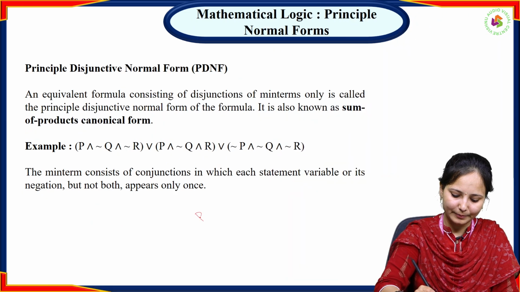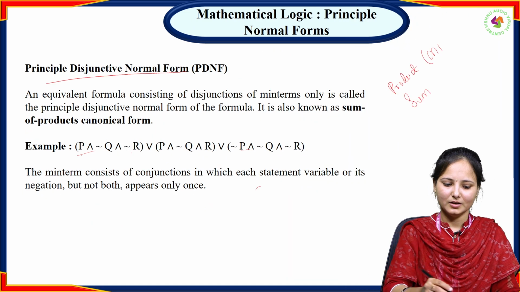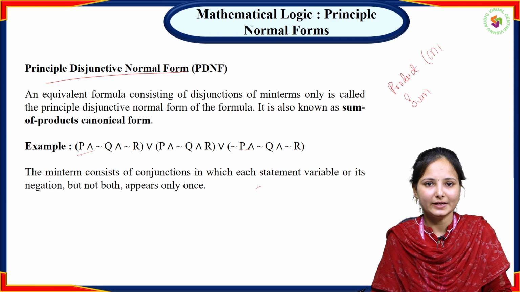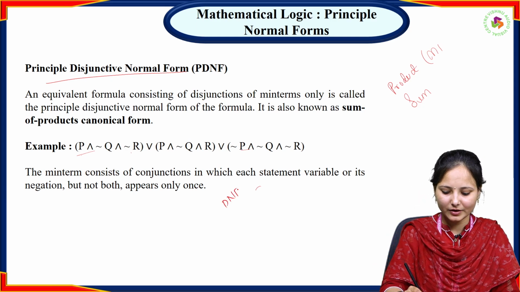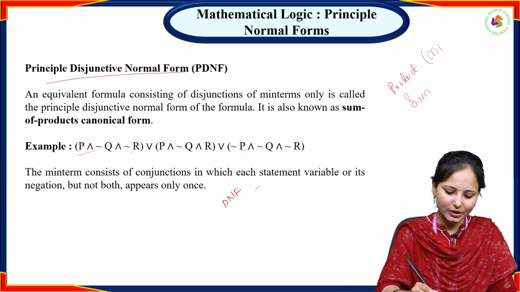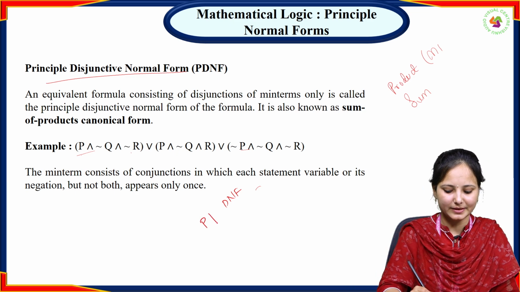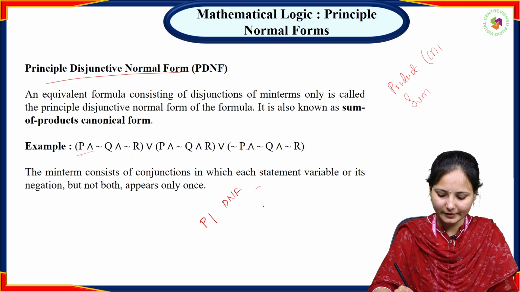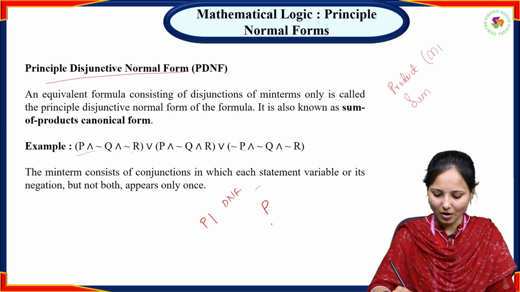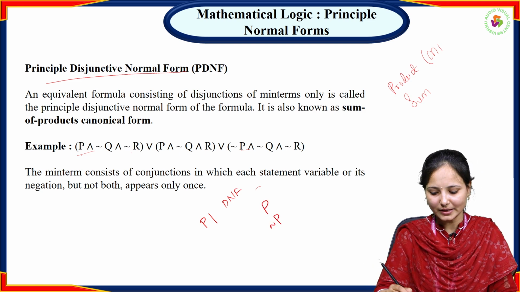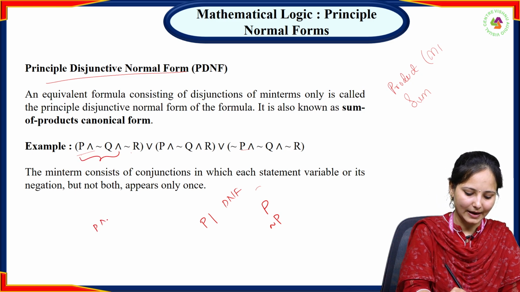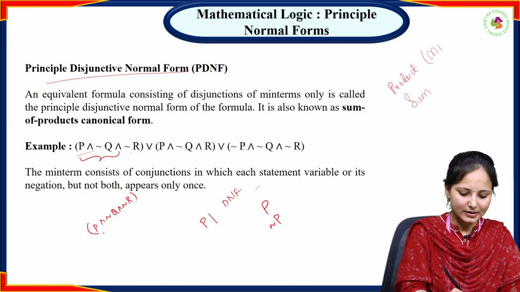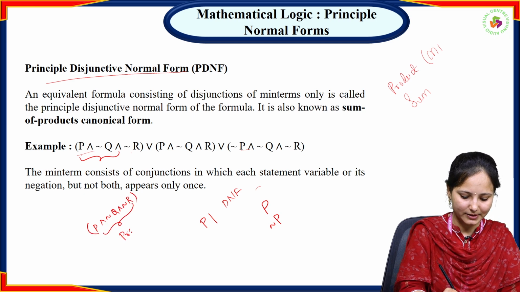Next we have PDNF. PDNF is the principal disjunctive normal form. When we have DNF, why are we going for PDNF? In DNF we can use a statement and its negation, but in PDNF we can use either a statement or its negation, but not both at one place. So what does that mean? Here, if we consider the example of P and negation Q and negation R, this min term is a product.